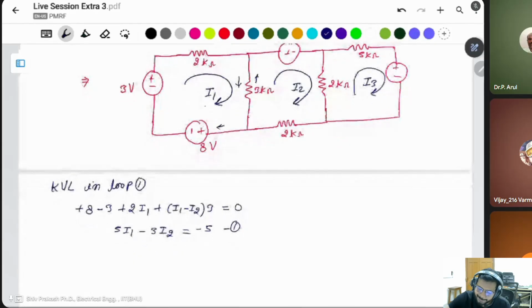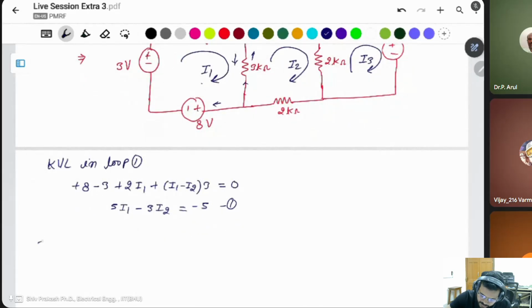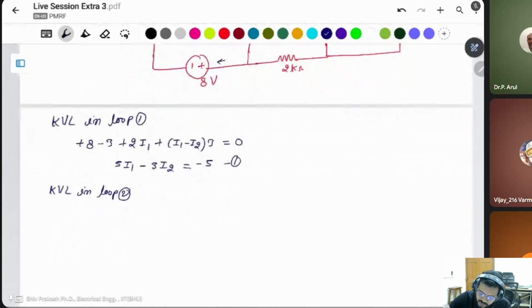Second loop, I started here. In this case I2 is upper side, I1 is downside. That means this current is I2 minus I1, because we have taken the second loop.